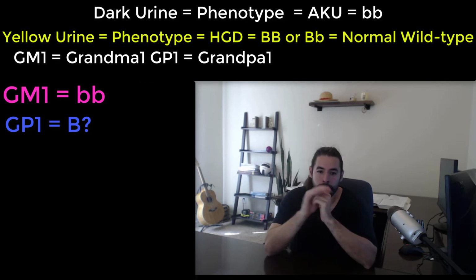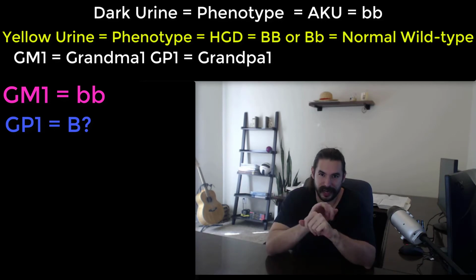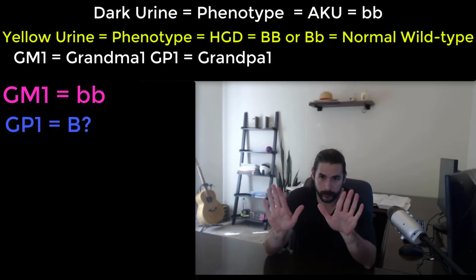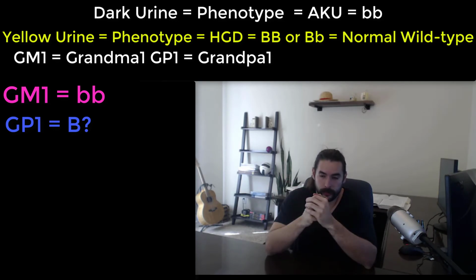Now, grandpa's a toss-up. We know that all their kids have yellow pee, which means that both grandfathers have to have at least one normal wild type HGD allele, and they could have both of them. It would make more sense for both grandpas to be homozygous dominant, but it's not 100% sure.